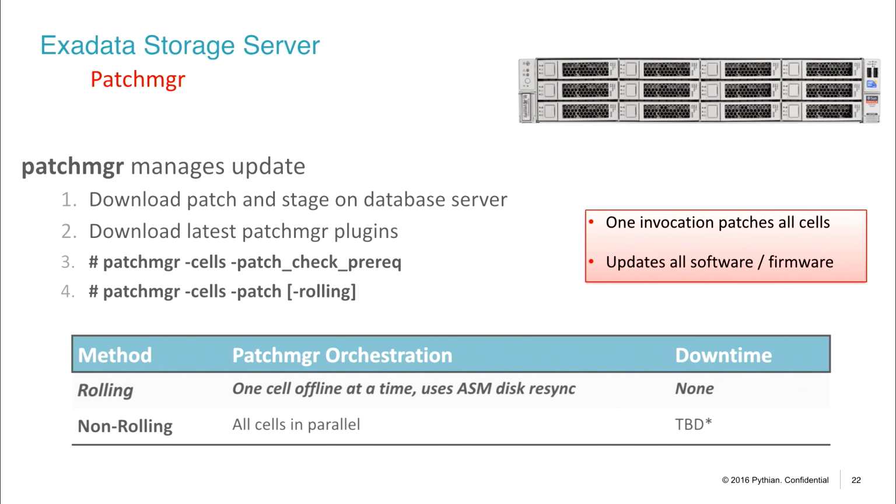So how do we patch it? We use patchmgr, and this is how we patch the storage servers. Patchmgr has a patch pre-check for prerequisites, and we can tell it whether it's a rolling or non-rolling fashion, right? Now, when it's rolling, it's going to use ASM disk resync, so be very mindful of that.